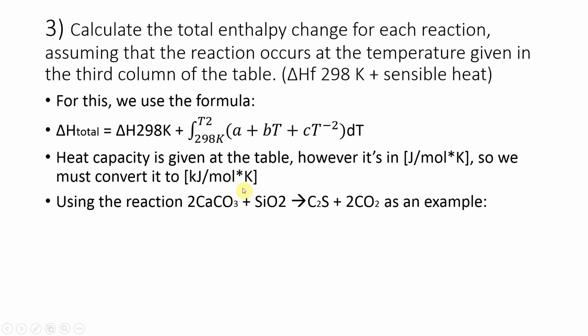Heat capacity, as I mentioned earlier, is given in the table, but it's in joules over mole times Kelvin. So we must convert it to kilojoules per mole times Kelvin.